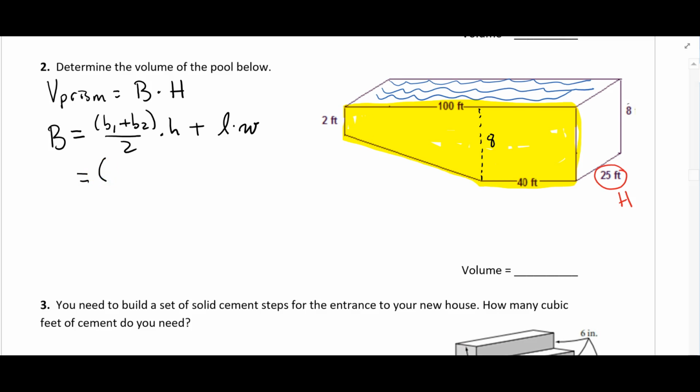So this is one of my bases, and this is the other base. So that's going to be my B1 and my B2. So I have 2 feet plus 8 feet divided by 2. And now the height of my trapezoid is going to be this distance.